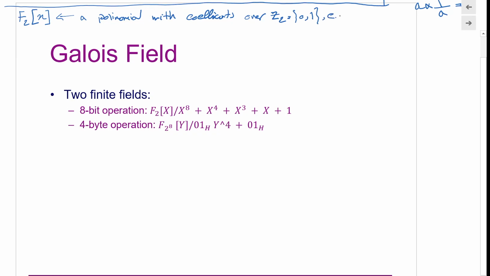For example, I can say x^5 plus 0x^4, which becomes 0, plus 1x^3 plus 1, right? So this is a polynomial. The variable is x, and then the coefficients can only be from Z2, which is 0 and 1.